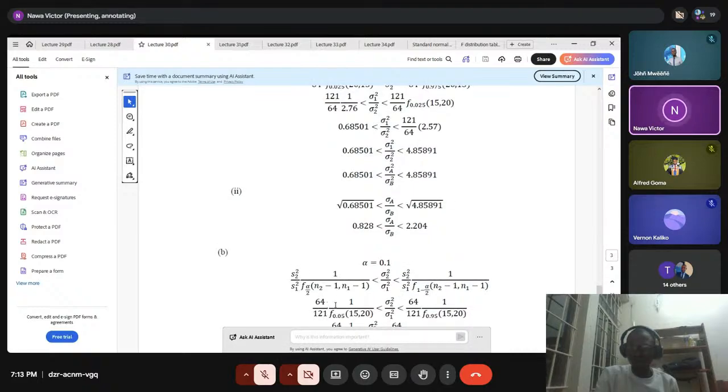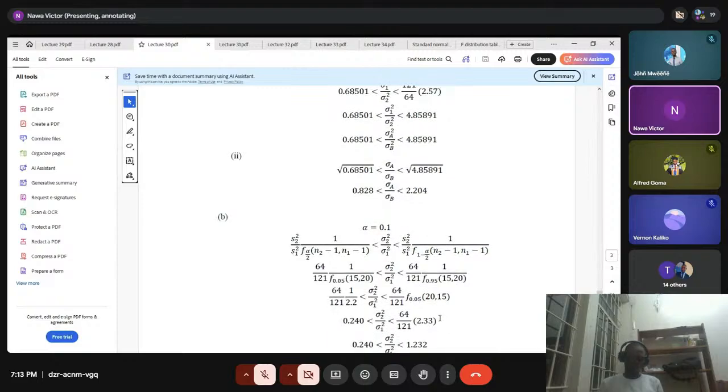So now we have 64 over 121, except this one here is 0.1 divided by 2, so it's 0.05. It's now 15, 20. When we subtract it from 1, we get a 0.95. So basically, I think you have seen how to read these, right? Now we go under 15 numerator and 20 denominator, and leaving an upper-tail area of 0.05, we get a 2.2.